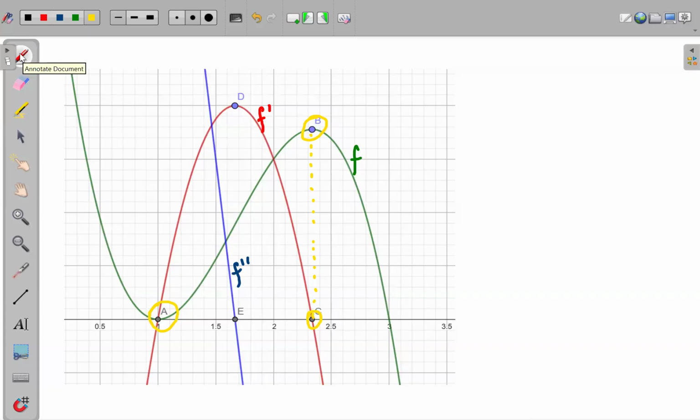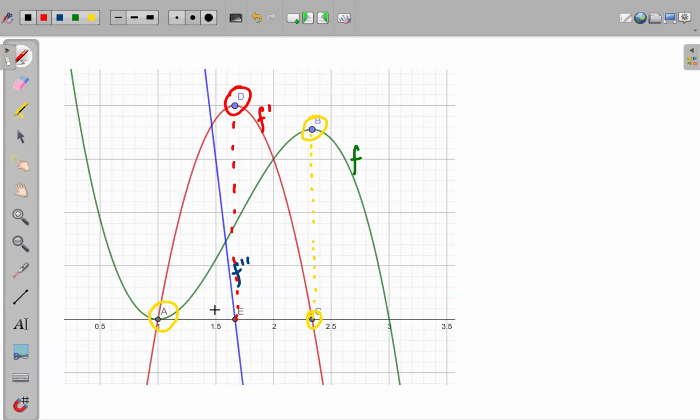Then another important thing that I need you to note is that the turning point of the parabola, which is point D, that x coordinate of the parabola is actually the x coordinate of the straight line.